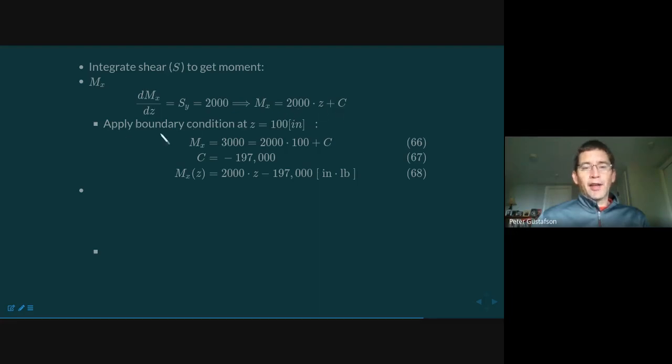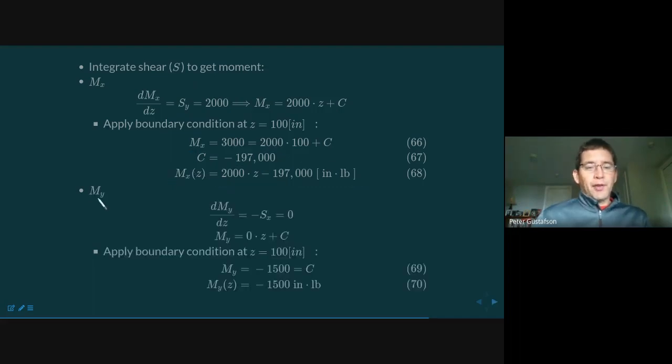We can apply the boundary condition at the end where z was 100 inches. And therefore, knowing that value is 3,000, we can say that c is equal to minus 197,000. And so now from that, we have a moment equation about the z-axis, no problem, pretty easy.